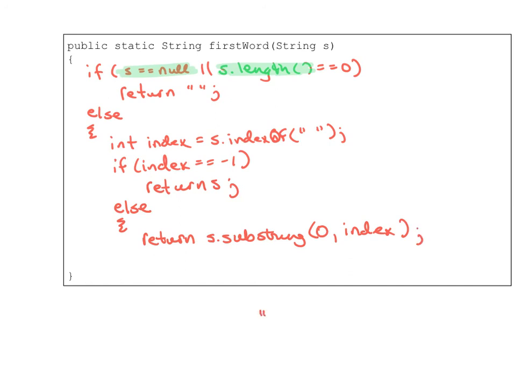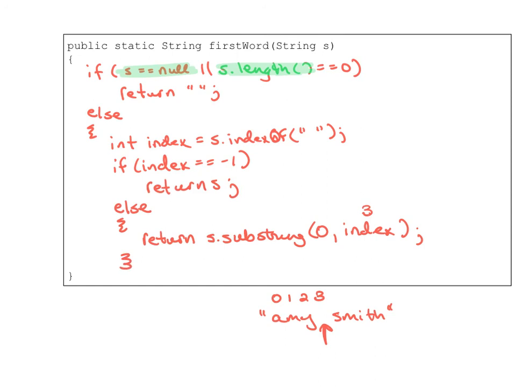So suppose our string is Amy space Smith, and we're trying to get that first word, which is Amy. We find the index of the space, which is at 0, 1, 2, 3. The substring is going to go from 0 to 3, which is exclusive, and that's all good.